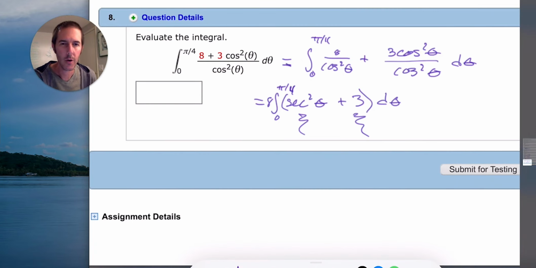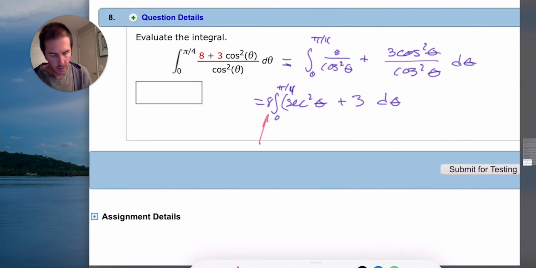Oh, sorry. I didn't actually say anything wrong, but the way that I wrote this is incorrect. This multiple of 8 that's out here actually only applies to the integral of the secant squared.